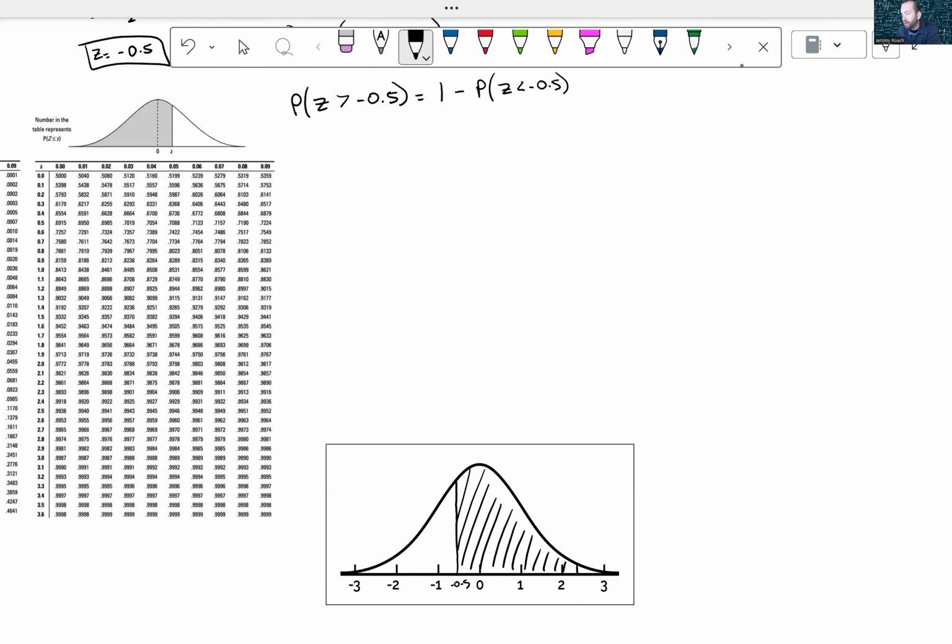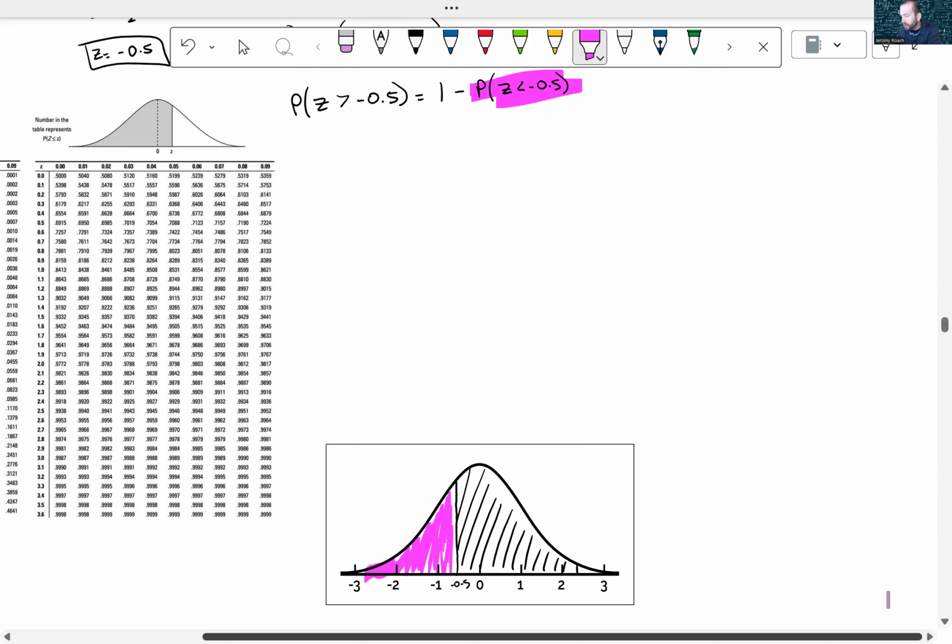In order to do that, we could find 100% of the area minus all of this to get the black region that we're looking for, or the probability that z is greater than negative 0.5. So that's how we're using the complement rule, and that's how that would look visually on the normal distribution.